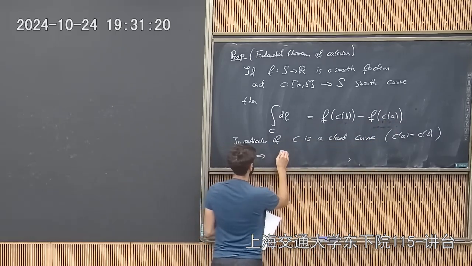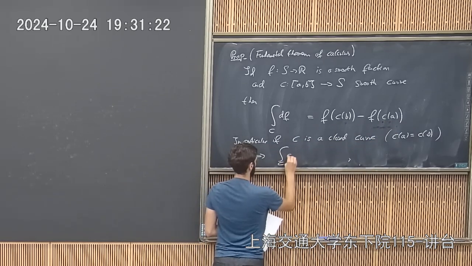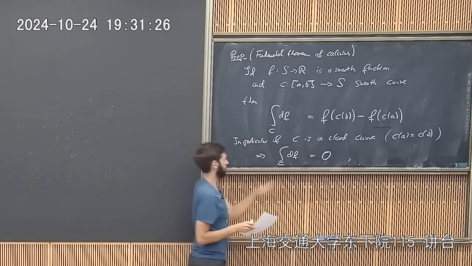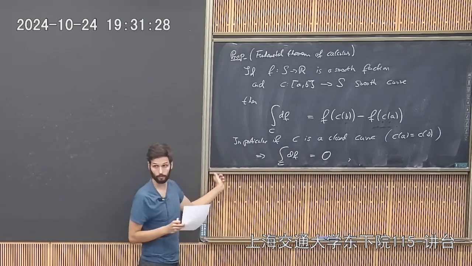So that means in particular, the integral over every closed curve of this one form df is just 0.